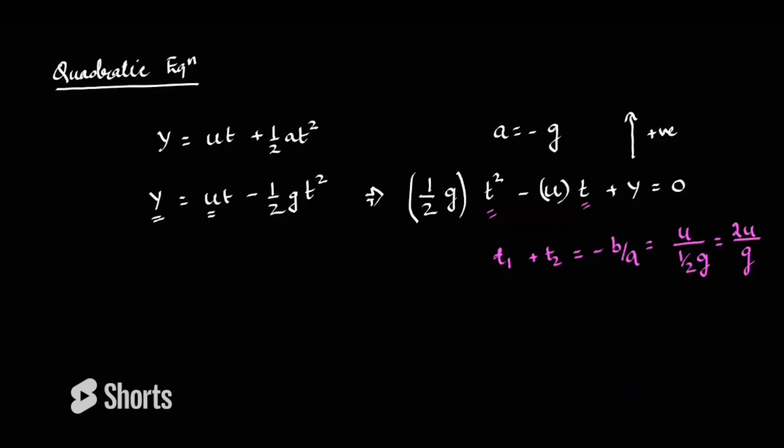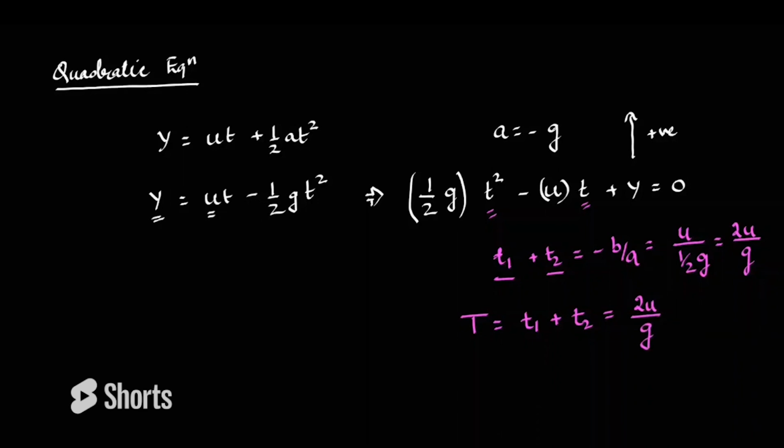Oh, you have seen this, right? 2u by g you have seen earlier, and it was the total time of flight in vertical motion. So it clearly says that the sum of the two roots t1 and t2 is equal to the total time of flight, and therefore t = t1 + t2 = 2u by g.